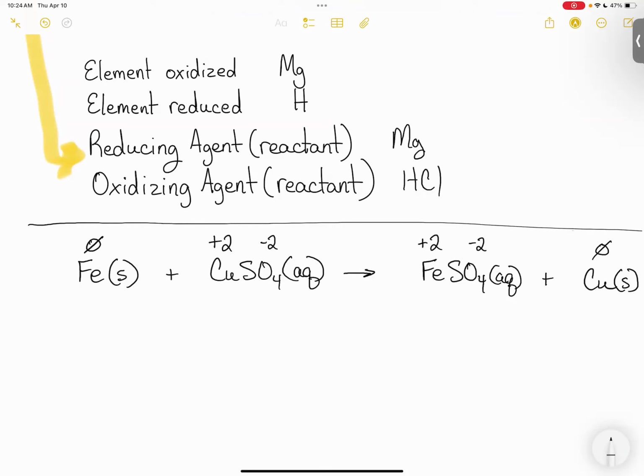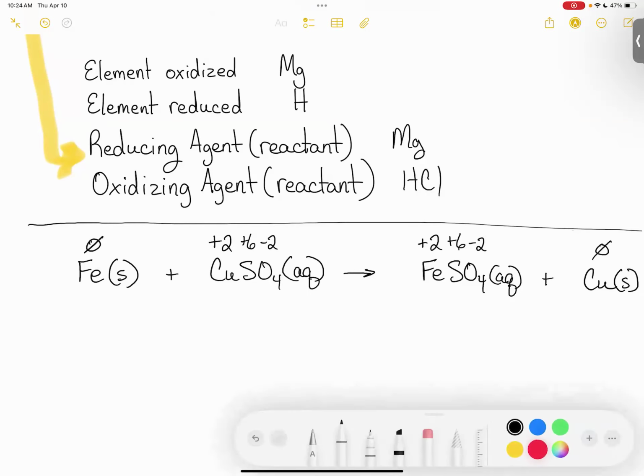But I already did this. We calculated sulfate earlier. It's a +6. Will it ever be anything but a +6 in a sulfate? No. Now, if I hadn't done all that work earlier, then yes, I would have had to calculate it. But now I'm going to connect the dots.